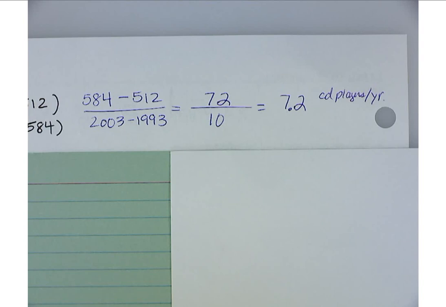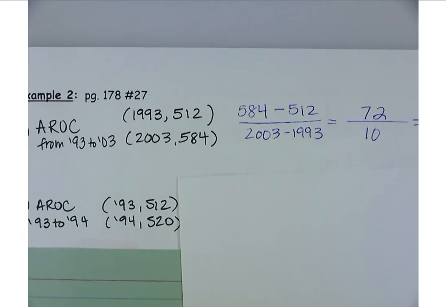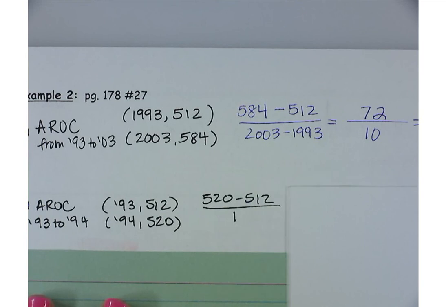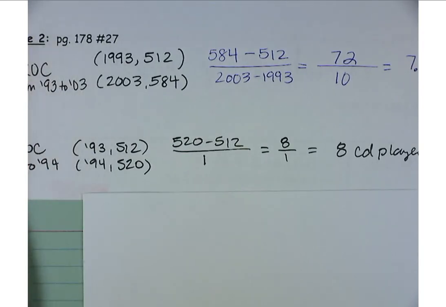Okay, so that's the change between them. All right, and then the next one we did from 93 to 94. Did you guys already do that calculation? Okay, so with this it was just 1 year, so 1 is your denominator. 520 minus 512 is 8, so you should have 8 CD players per year.